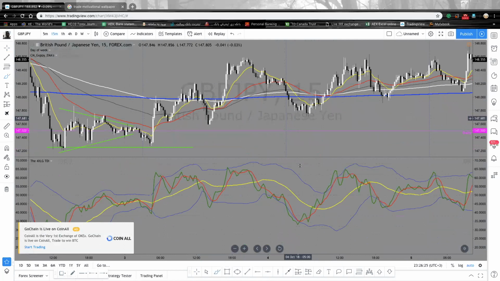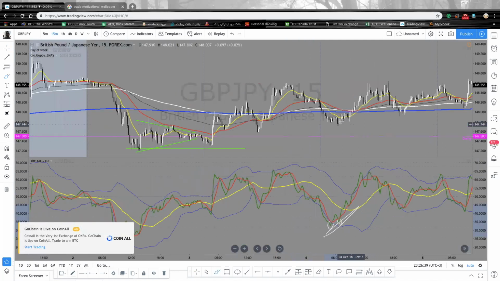So that's our first leg. Price is out of this zone, and this one is inside. That's a valid W. Divergence is here too. So that's a perfect buy for you. From here, go all the way up.